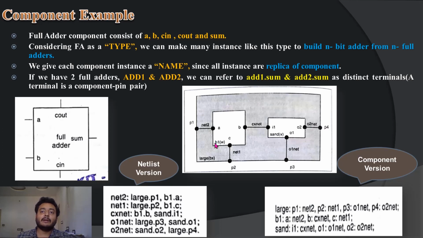Similarly B1 has A for net 2, B for CX net, C for net 1. So we are just trying to discuss how you describe these blocks, components and nets. This is an example of how we actually do this.